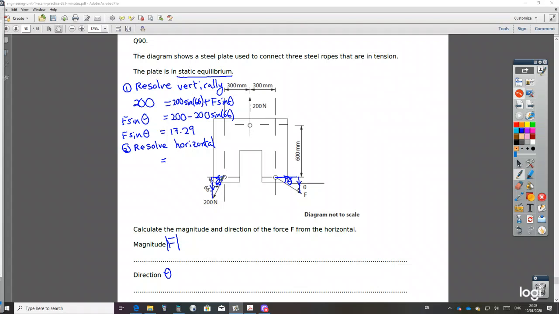So therefore for this one, straight away I can write 200 cos 66, and this side I can write, once again, F, this time cos theta, or in other words, F cos theta is equal to 200 cos 66.